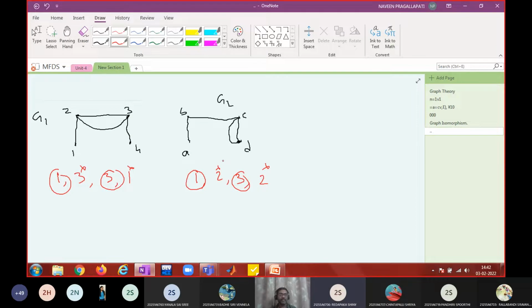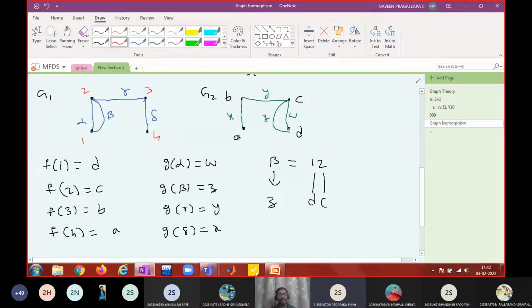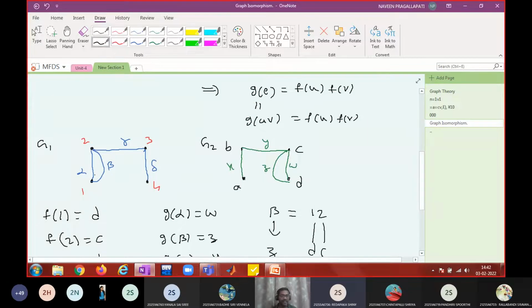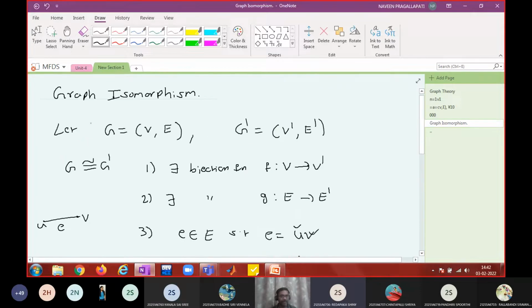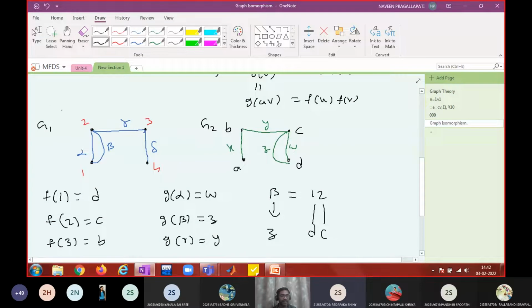Is that okay? And the converse need not be true. If the degree sequences are the same, an isomorphism may exist, may not exist. But if they are not equal, it definitely does not exist. So in this case, what is the degree sequence here? 1 degree is 2, 2 degree is 1, 3 degree is 2, and 4 degree is 1.